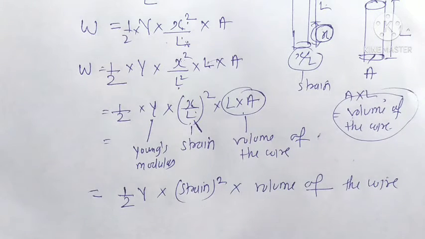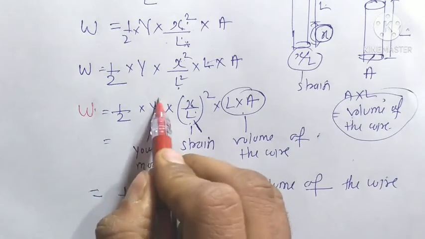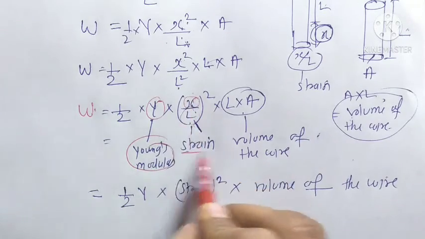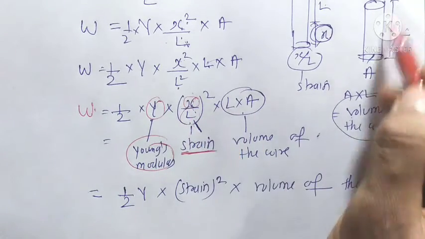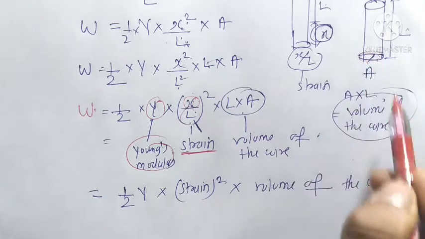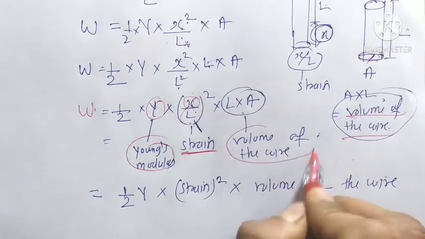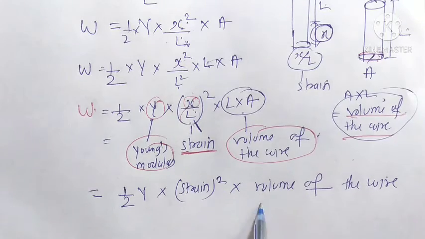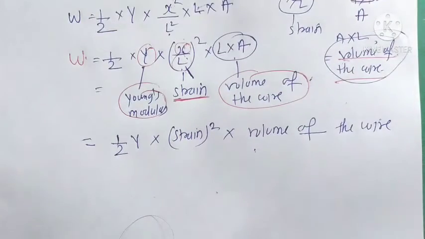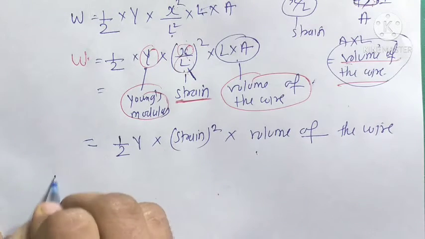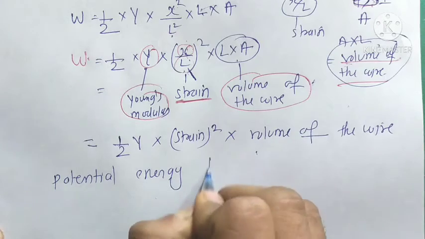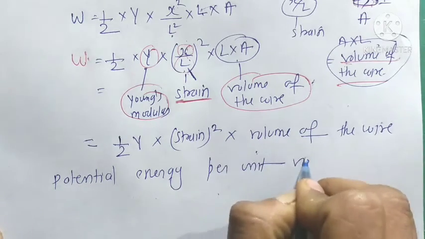Now you can see again: this is the work done, this is the Young modulus, x upon L is change in length over original length, the strain, and length of this wire times area of cross section gives the volume of the wire. So now potential energy per unit volume.